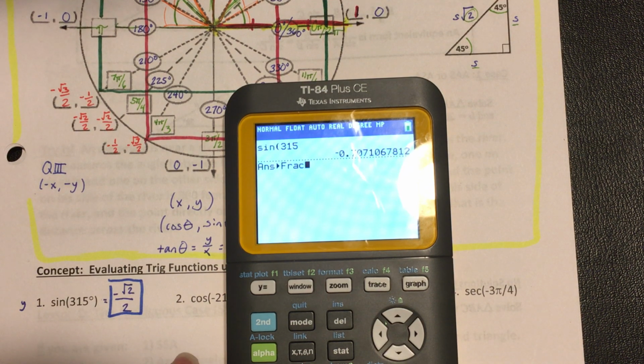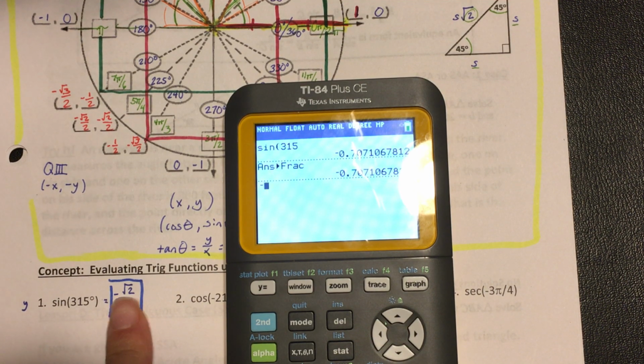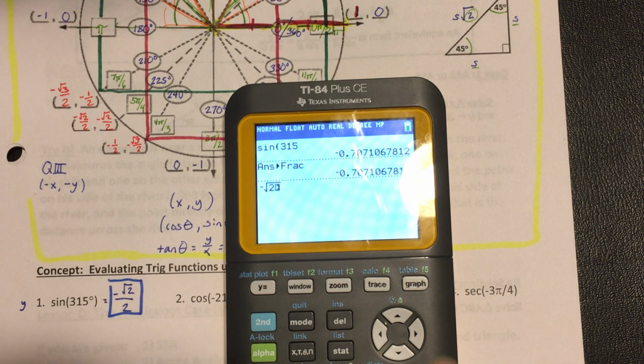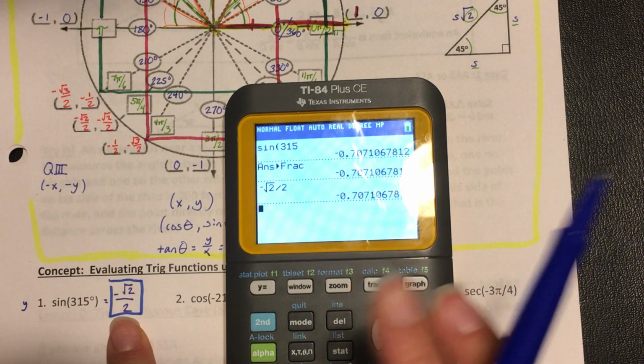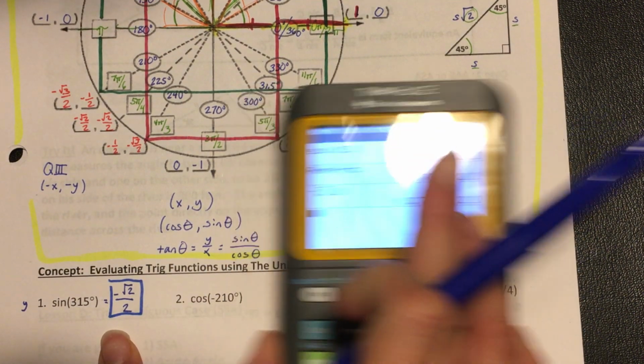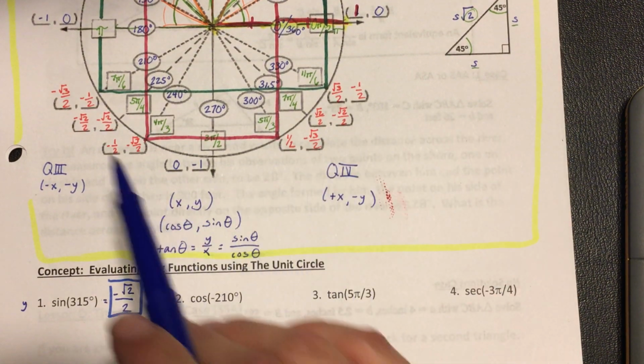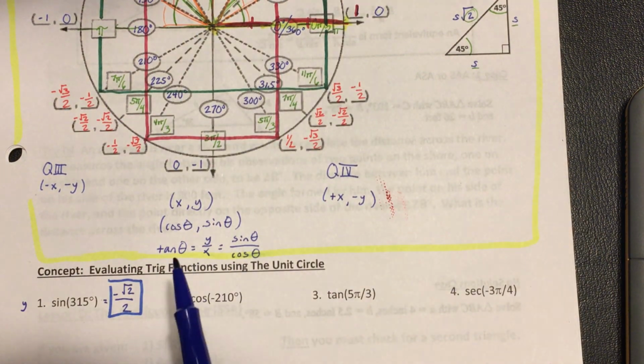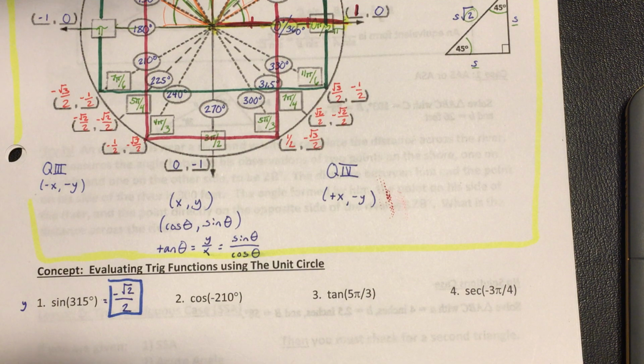If you try the good old math, enter, enter, it still is going to stay as that non-terminating, non-repeating decimal. But we can use our calculator to check ourselves. If I type in this radical expression, negative rad 2 divided by 2, you can see it's equal to that same nasty little decimal. So you can use your calculator to check yourself, but on most of these problems, we are going to need to purely use our unit circle to find those exact radical answers.